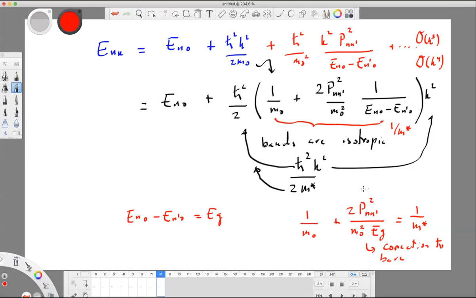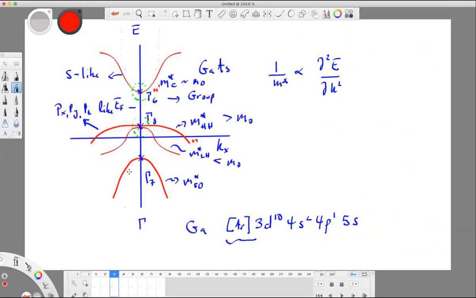This is basically coupling between bands. It tells you what the interference effects with the lattice potential are going to be, and how it modifies the curvature of this dispersion versus this dispersion and so on.